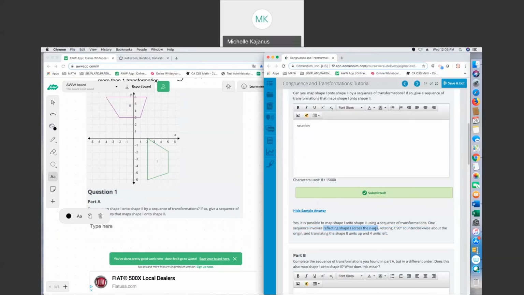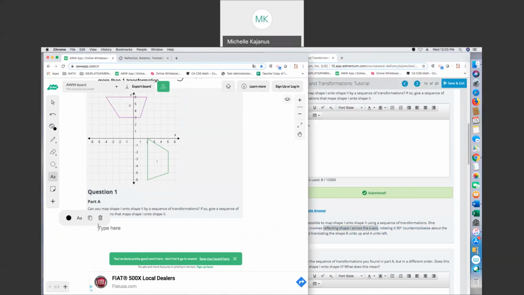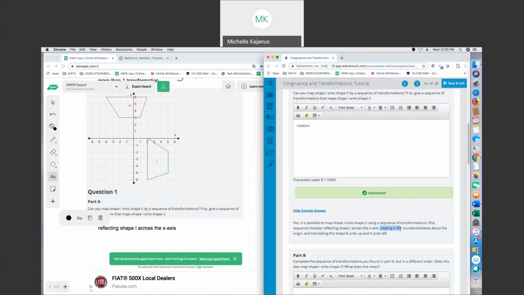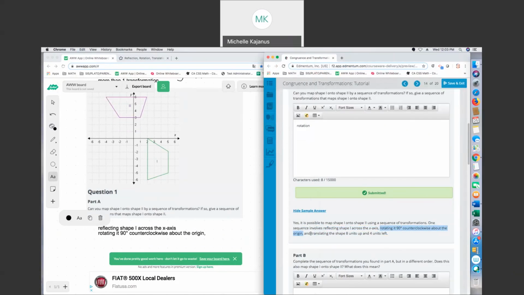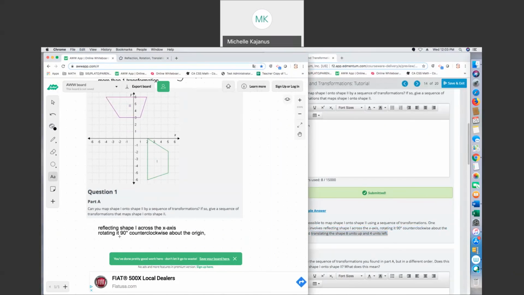I'm going to do it in order. This is 1. And then the origin. Second one, and then they actually did 3 things to this one. 3 things were done.